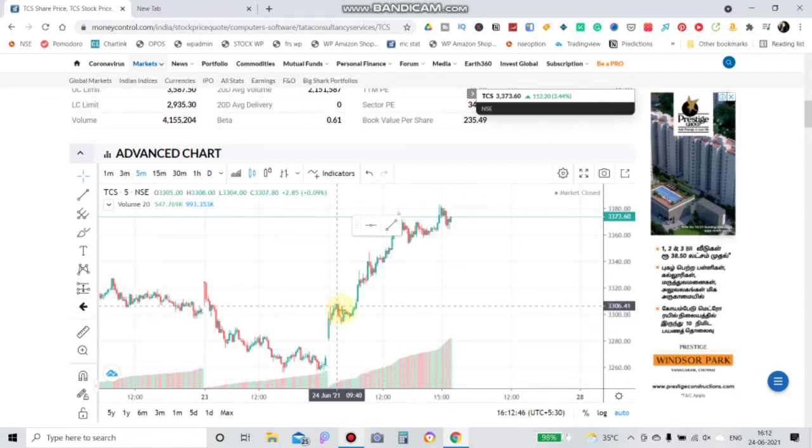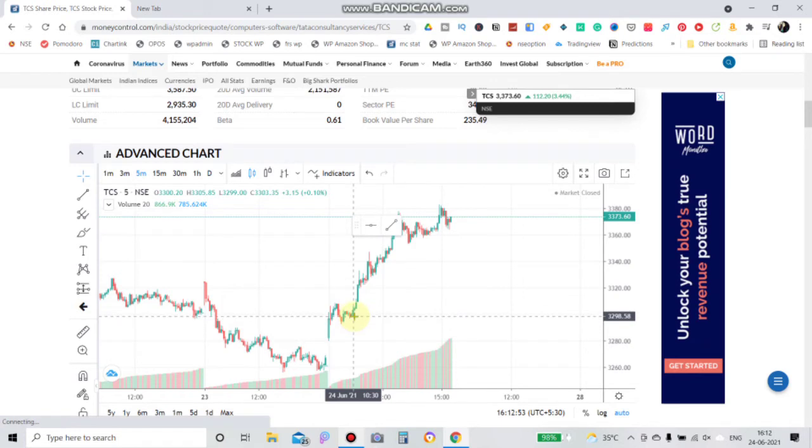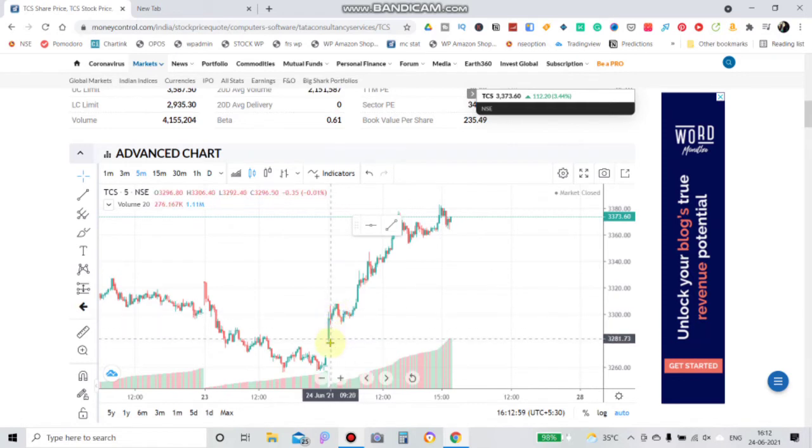So around 10:30, after 10 it is advisable for beginners to trade. Here we could not have predicted the move, as it has gone up green then red, so as a beginner we will not be very sure about that.